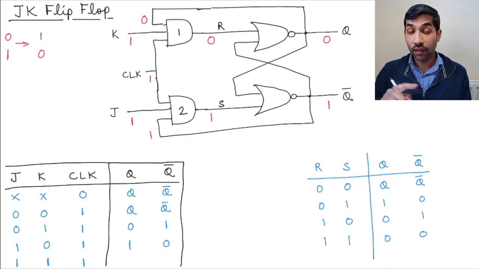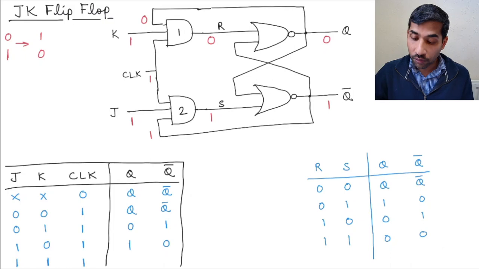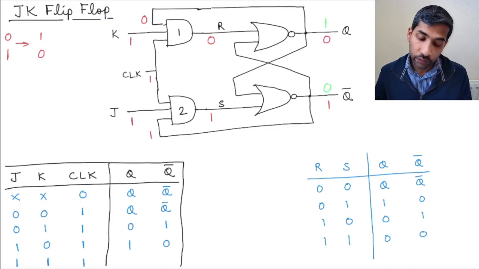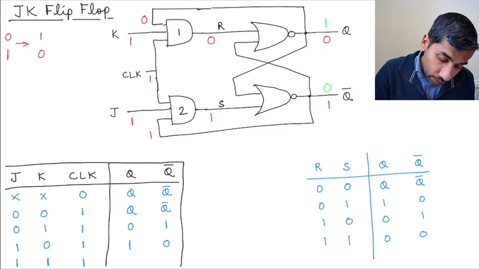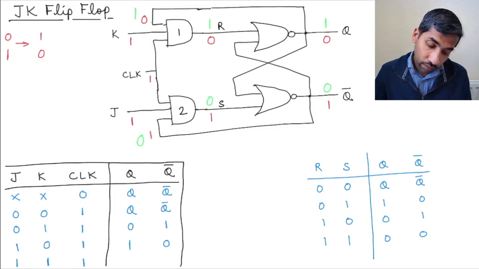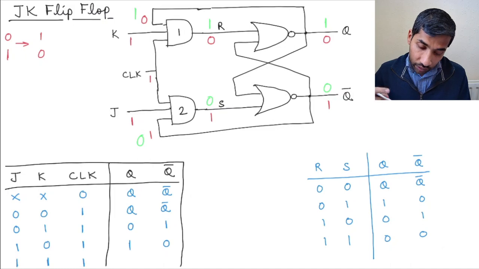Now let's start with the opposite output. Let's assume that Q was 1 and Q bar was 0. So what happens now? Then the input here becomes 1 and this input becomes 0. So this S becomes 0 and this R becomes 1. And in that case, you have R equal to 1 and S equal to 0, which is this state. Then Q and Q bar are 0 and 1.